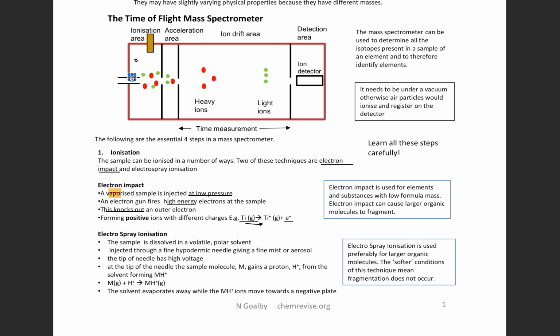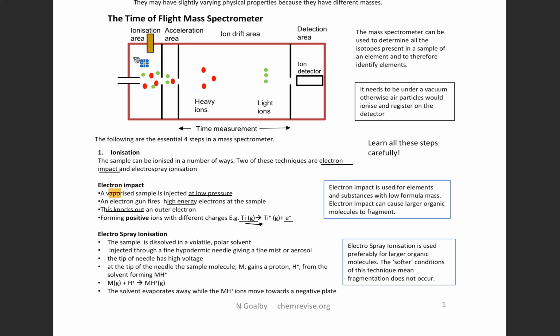Here, an electron gun fires a high energy electron towards the sample.